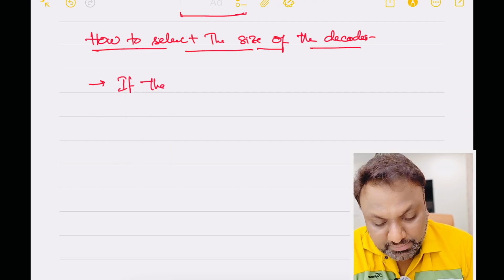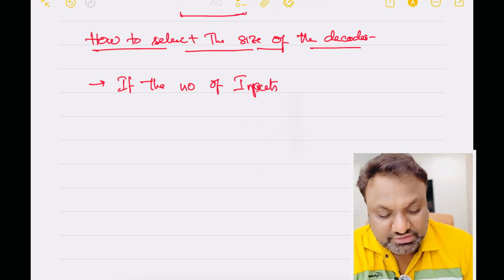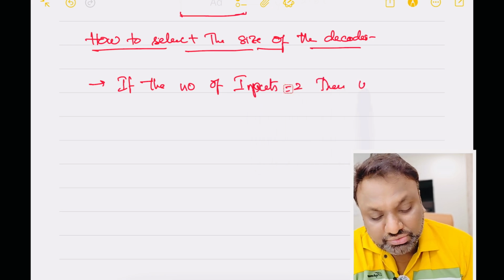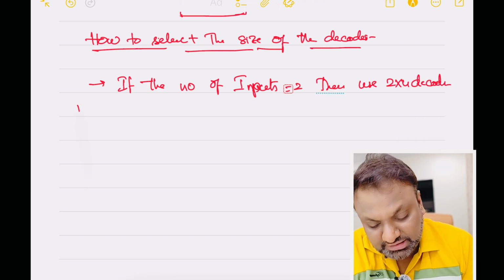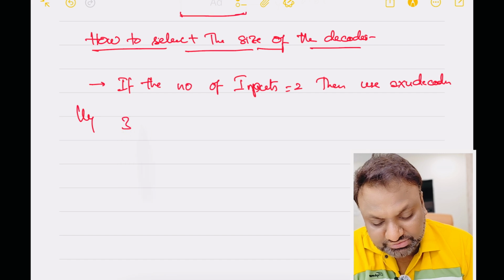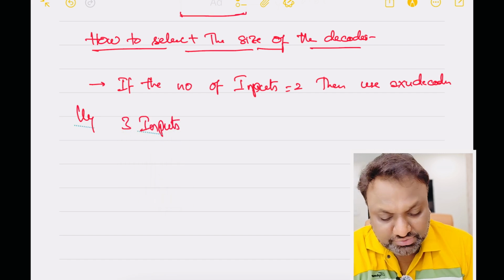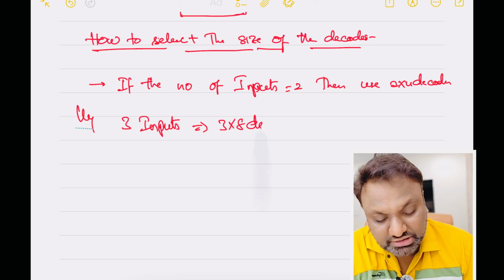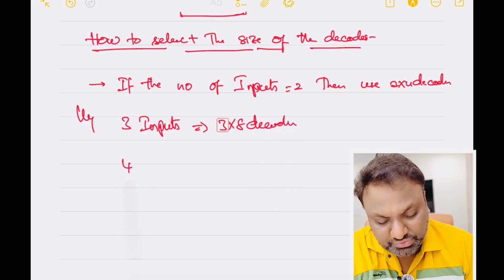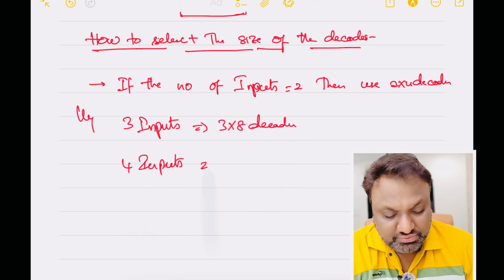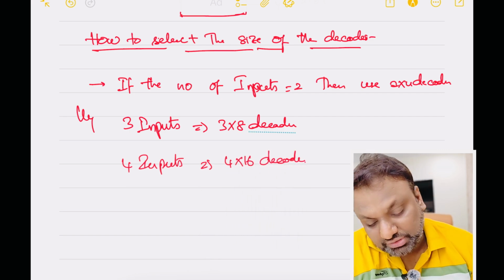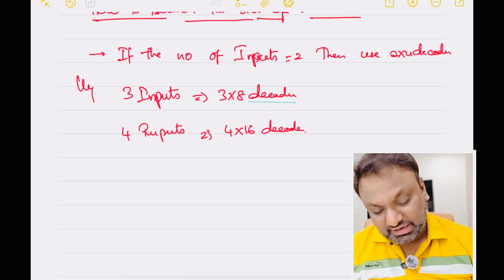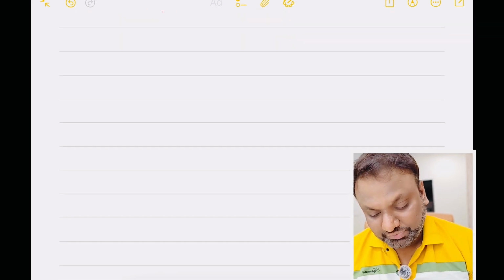If the number of inputs is equal to 2, then use 2 to 4 decoder. Similarly, if my system has 3 inputs, then 3 to 8 decoder. If my system has 4 inputs, then 4 to 16 decoder. Okay, like this you will be using the decoders. Now let us implement a Boolean function by using decoder.